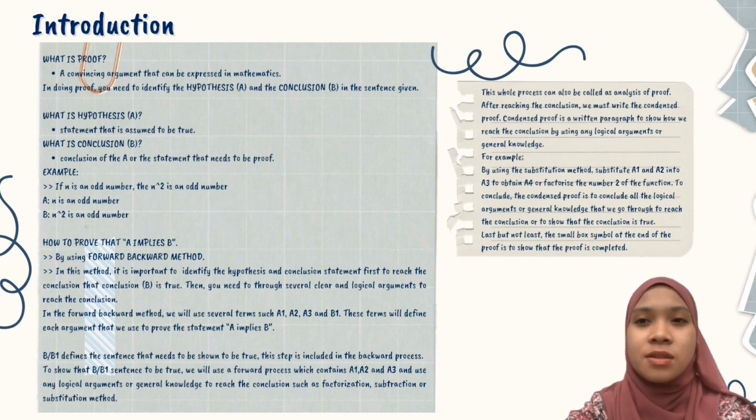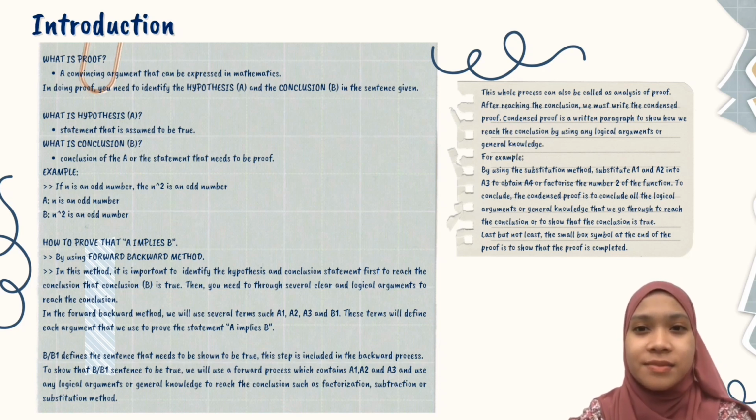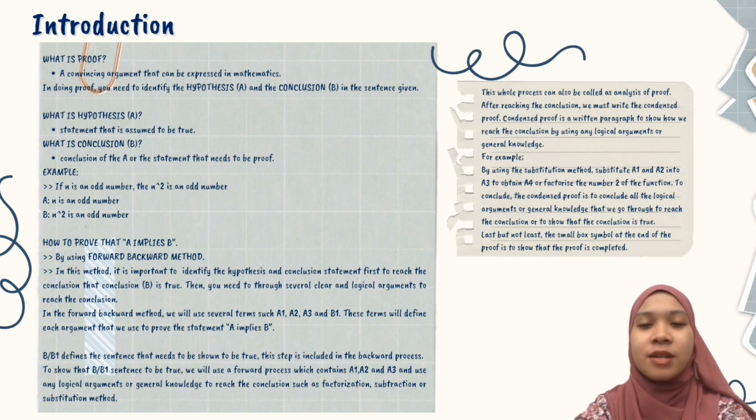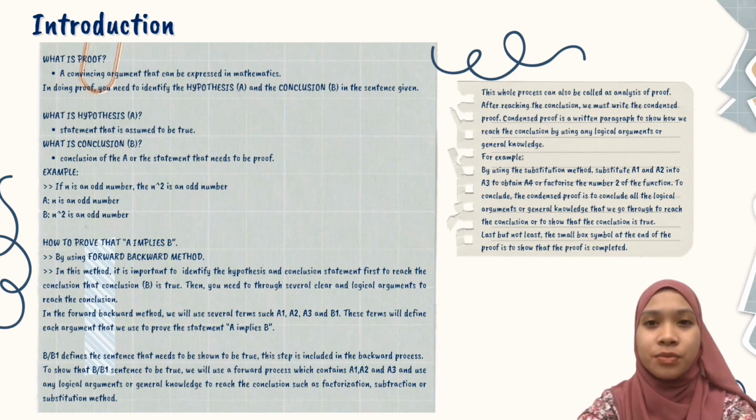This step is included in the backward process. To show that B or B1 sentence to be true, we will use the forward process which contains A1, A2 and A3 and use any logical arguments or general knowledge to reach the conclusion such as factorization, subtraction or substitution method. This whole process can also be called analysis of proof.